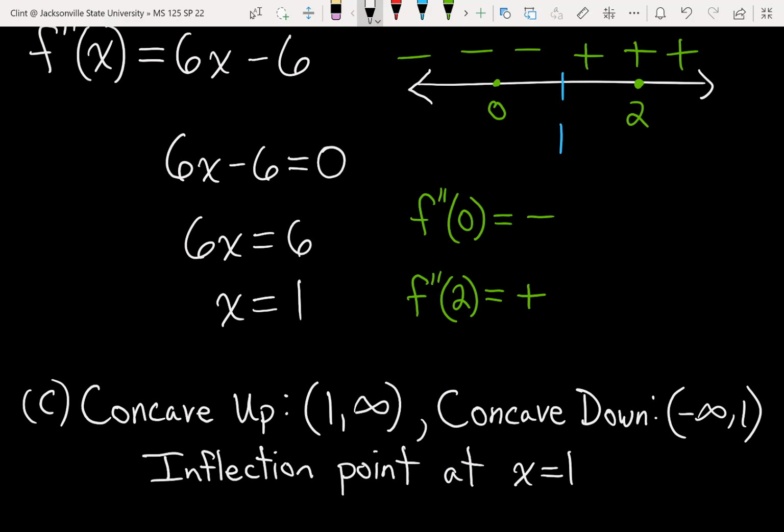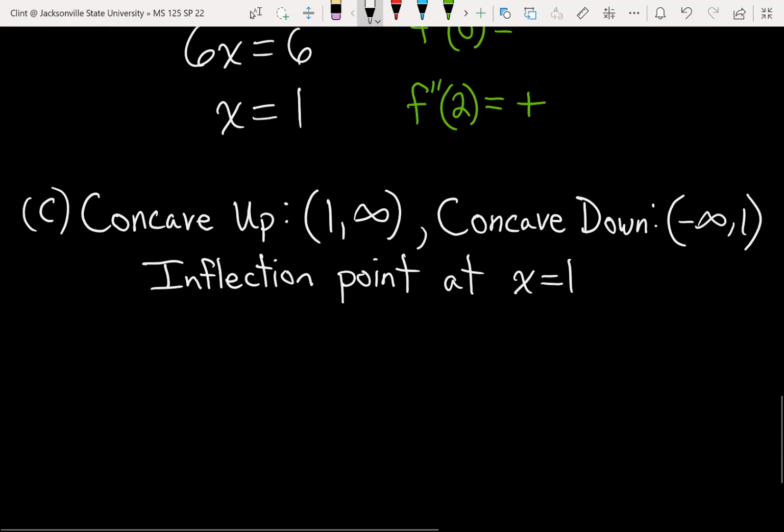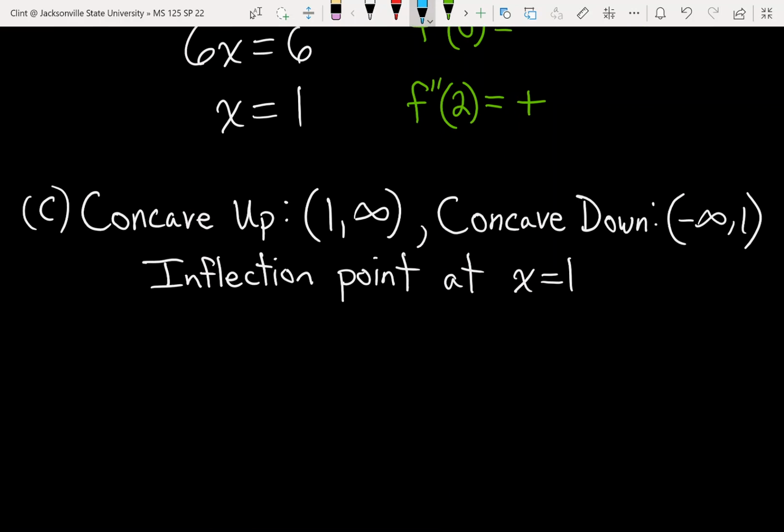But if we want to find the y value at our inflection point, how can we do that? Yeah, go back to the original function and just plug in 1 for x. So we'll make a little note here, if needed.